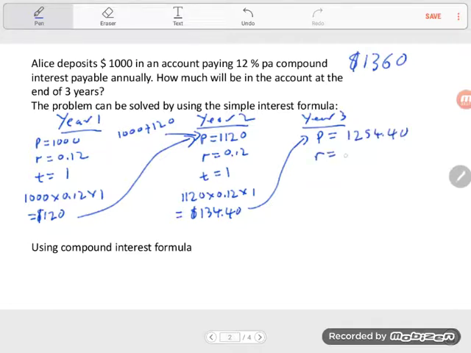Same interest rate and same time period, 1 year. And we do our final calculation. 1254.40, which gives us $150.53.